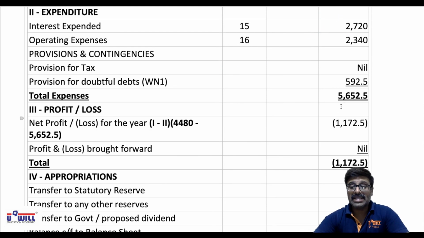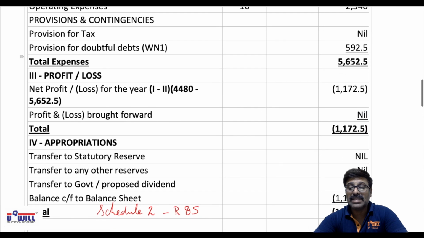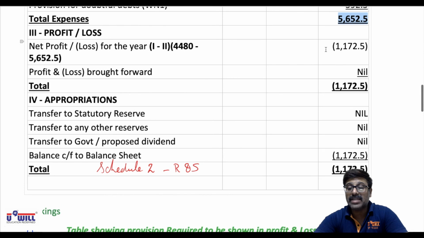So total expenses are 2720 plus 3340 plus nil plus 592.5, 6652.5. Now net profit or loss will be calculated as 1 minus 2. So total incomes, that is 4480, minus total expenses, that is 5652.5. We will get minus 1172.5.